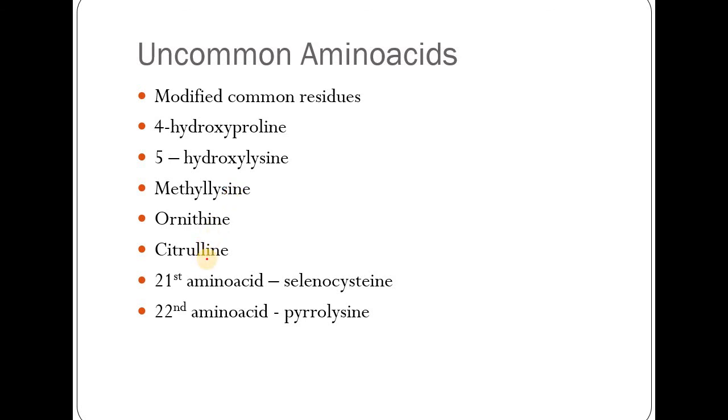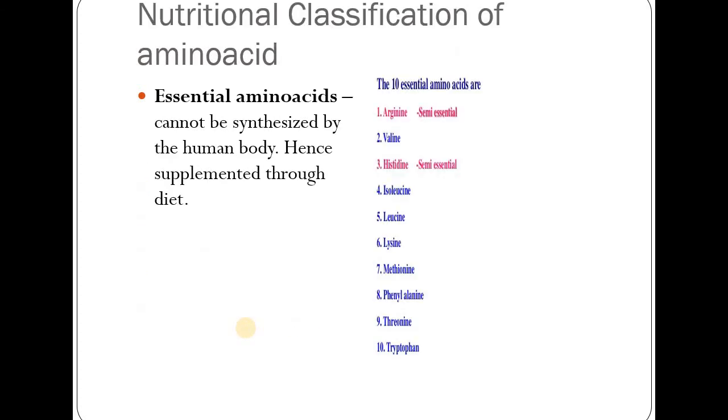And ornithine and citrulline are the intermediates present in the urea cycle. And these amino acids are not coded by the triplet codon. And then the newly discovered amino acids are selenocysteine and pyrrolysine. Okay, that is the 21st and 22nd amino acid.